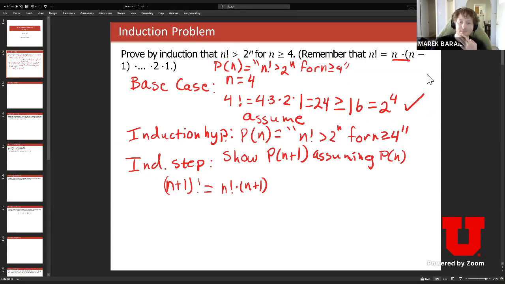And 2 to the power of n plus 1 is equal to 2 times 2 to the power n. Yeah, so we have over here 2 times 2 to the n.